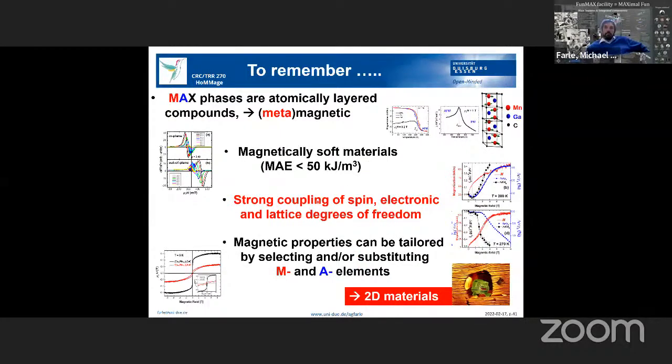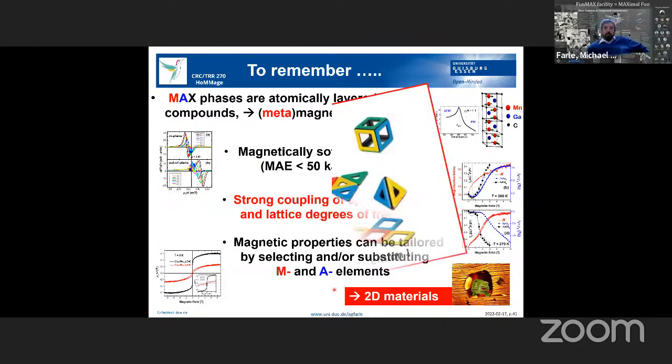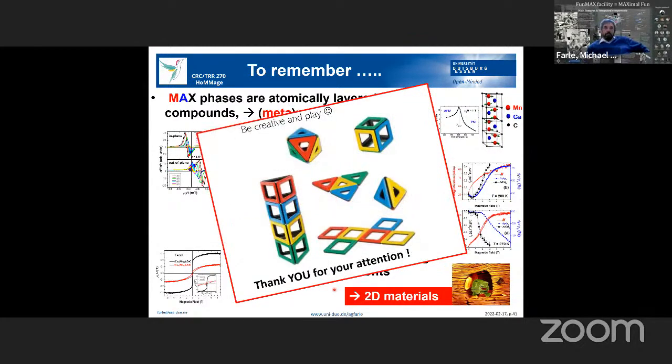There's a strong coupling of spin, electronic, and lattice degrees of freedom. The magnetic properties can be tailored by selecting or substituting these M and A elements. And as an additional wide field, you have the 2D materials. And with that, be creative and play, and thank you for your attention.